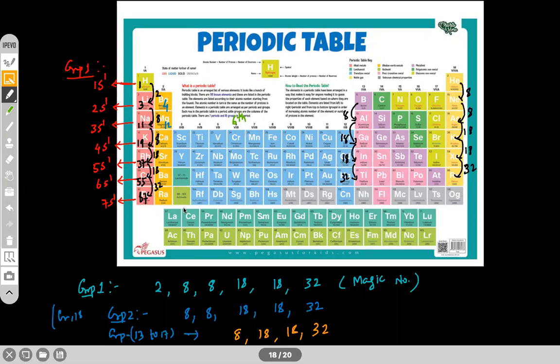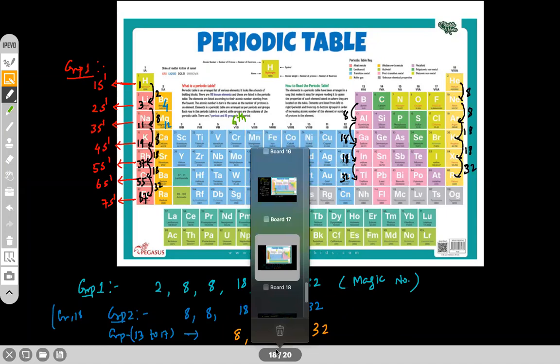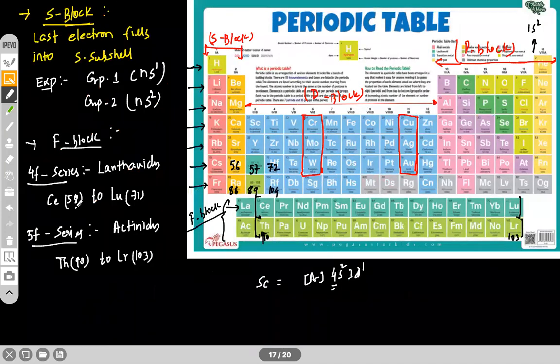I have already given you that the F block, F series starts with cerium 58 to lutetium 71. You have this information. It means the atomic number 64 goes into the 4f series, that is F block.